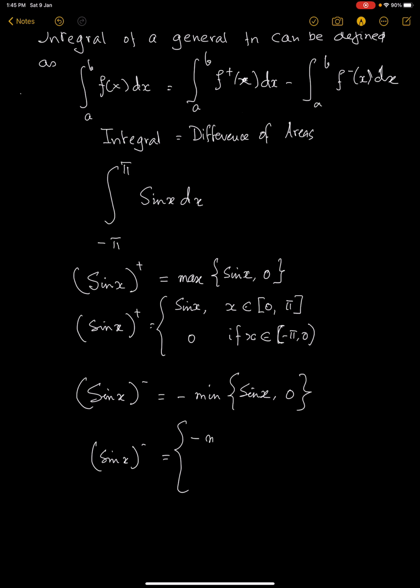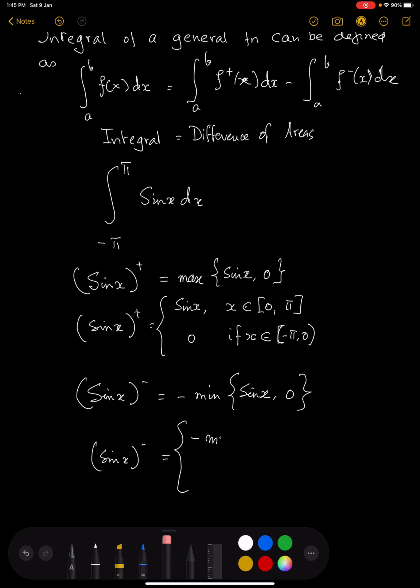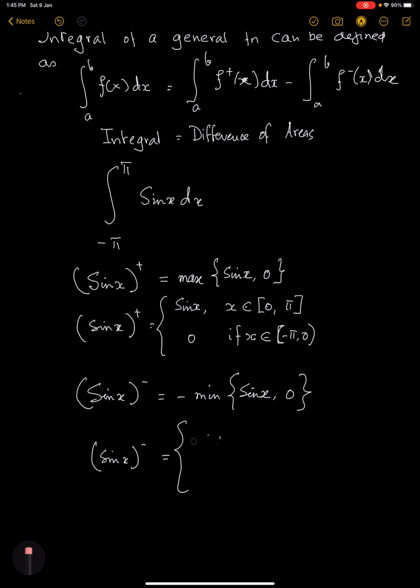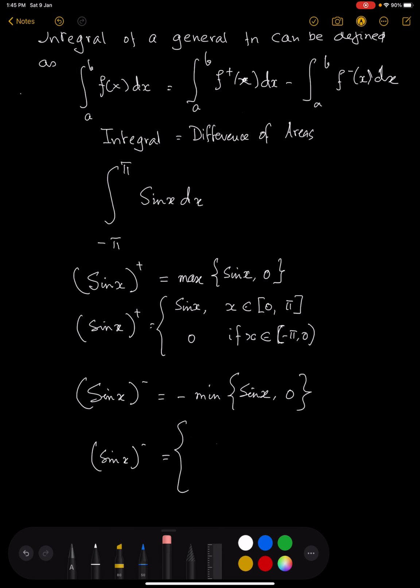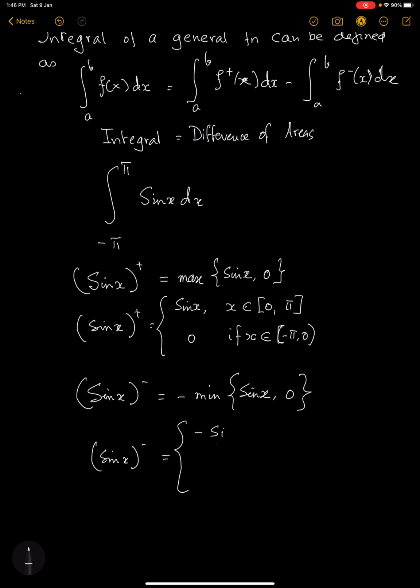When x is between minus pi and 0. So sine x minus is minus of sine x provided x is in minus pi to 0, and 0 otherwise.